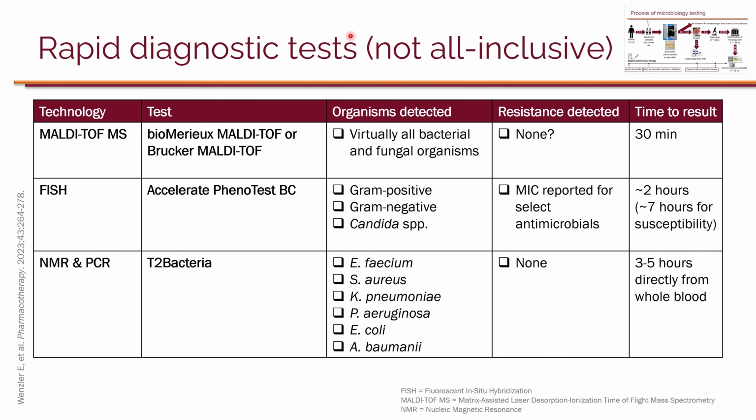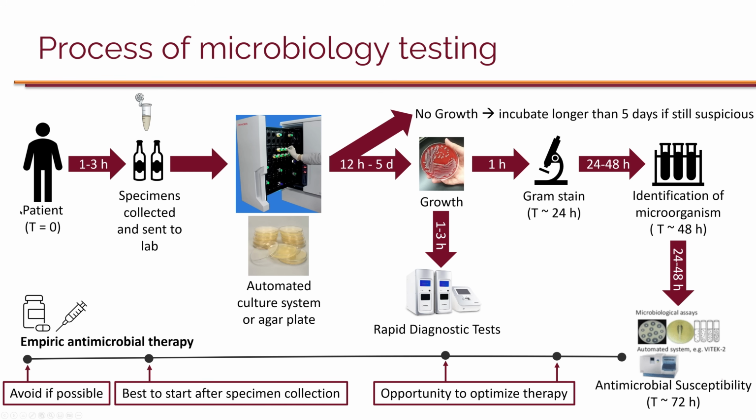It takes 3 to 5 hours, and the time starts directly from whole blood. So it's significantly faster than the rest of the rapid diagnostics. If you consider when a patient comes in and we take a sample, for the majority of rapid diagnostic tests, it takes some time, typically at least half a day, for incubation to result in a number of colonies, and then those colonies go into rapid diagnostic tests.